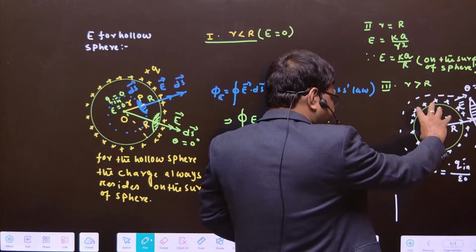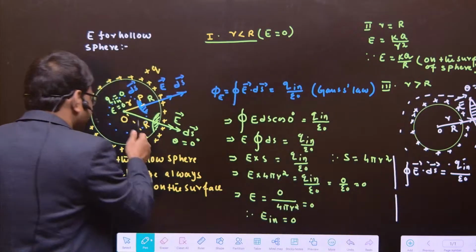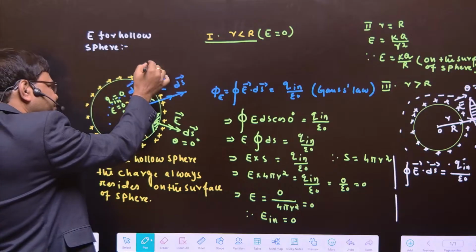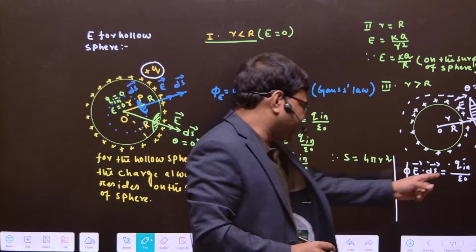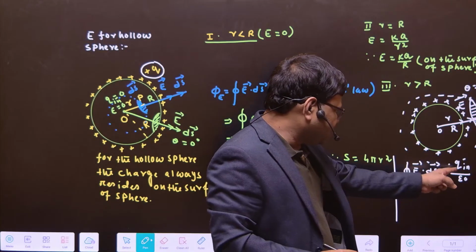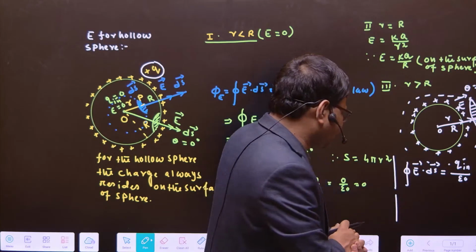Inside this Gaussian surface, what is the charge? See, the charge of the hollow sphere was plus Q. So in place of Q in, we can write Q.